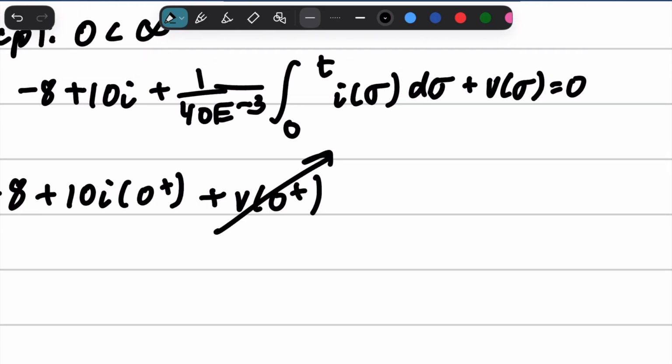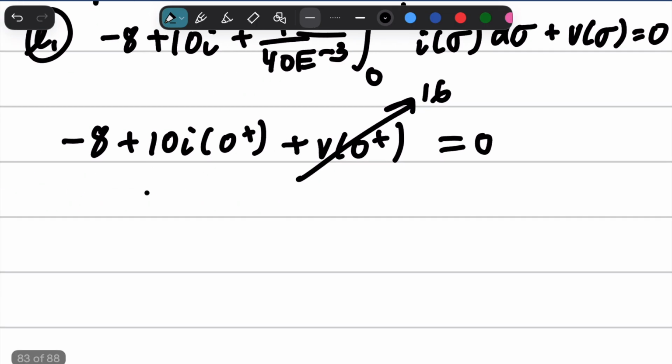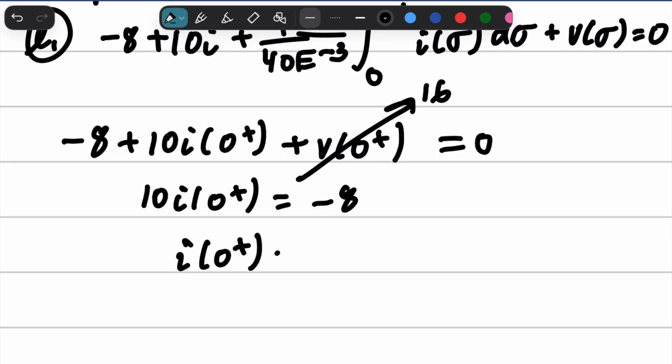So this is just negative 8 plus 10I of 0 plus plus 16 equals 0. And so we're going to get 10I of 0 plus is equal to negative 8. I of 0 plus is equal to negative 0.8 amps.